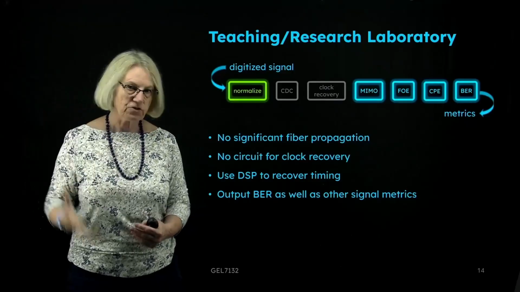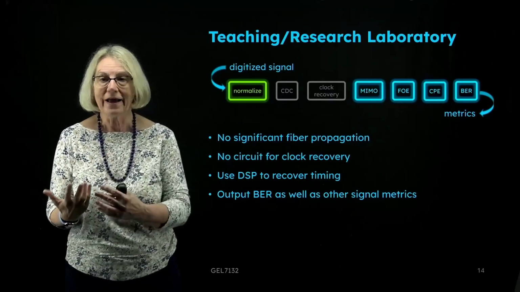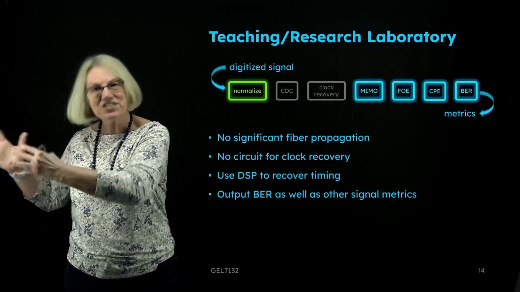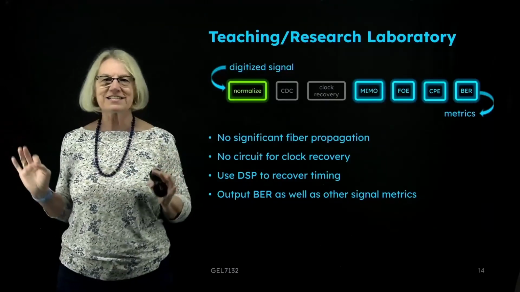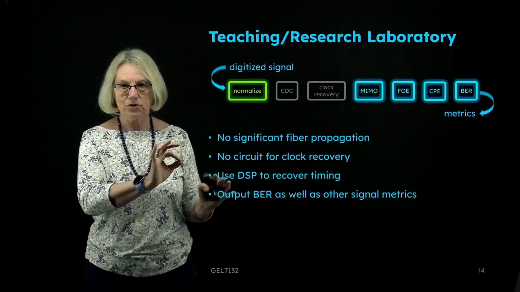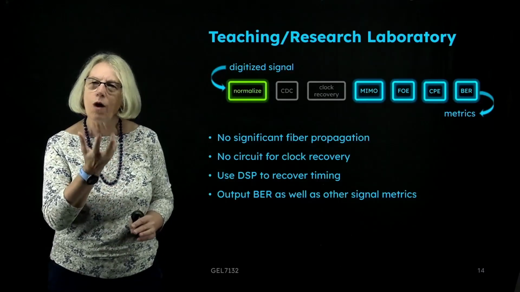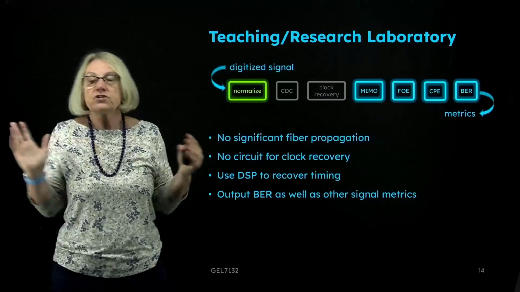What's the error vector magnitude? All kinds of different performance metrics that I might want to apply. In a commercial system, I don't use metrics. I just kick out the decision. Once the decision is out, my task is over. But in the teaching laboratory, I will make the decision, but then I want to look at the quality of that decision, the quality of my DSP chain. What can I do that might be better?